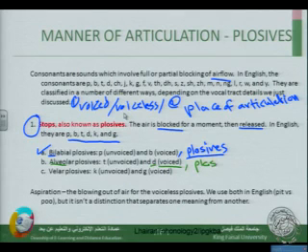Both of them are plosives: the air is blocked for a moment, then released. Then the velar plosives, K and G. K is unvoiced and G is voiced. Both of them are plosives.